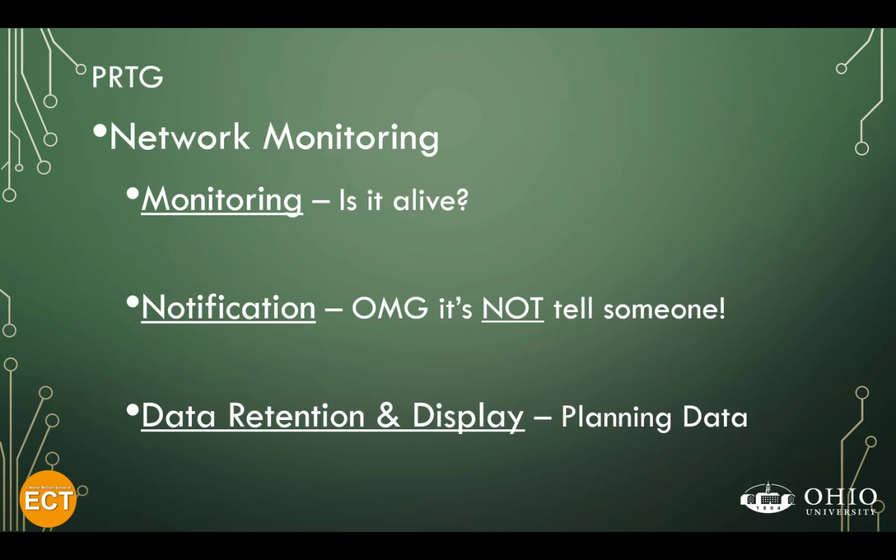We can pull that kind of data using SNMP, using other methods that are both push and pull to try to understand what's going on in the interior of our equipment, at an application level, at a switch level, at a router level, those kinds of things. And we can use it to plan for the future. Hey, we've noticed that over the last 300 days, we've seen a distinct uptick in bandwidth going on this link. We need to begin to plan for upgrading that link to 40 gigabits or more or less, things like that.